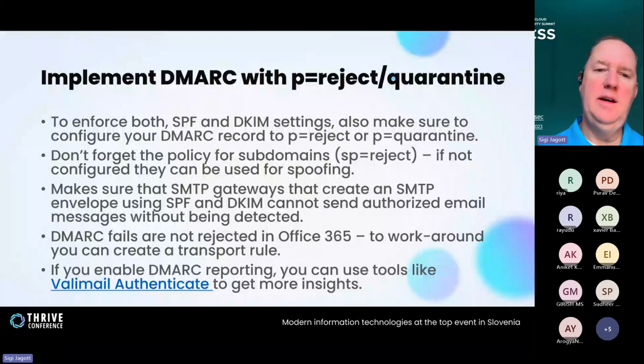Next, DMARC. Implement DMARC with a reject or quarantine policy. DMARC is the combination of SPF and DKIM and tells the receiving server what to do when SPF or DKIM fails. So p=reject or p=quarantine means the receiving server would reject the mail or quarantine the mail.